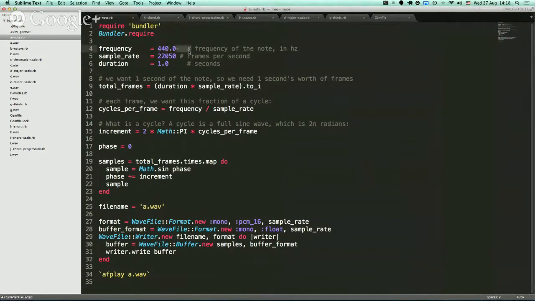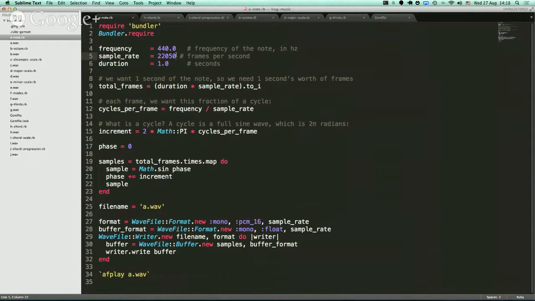So how this code works is we put in a set of parameters, in this case the frequency and the sample rate. Sample rate is what I discussed earlier. It's how much the sound wave is broken down into units. In this case, we're not at 44,000, we're at 22,000.